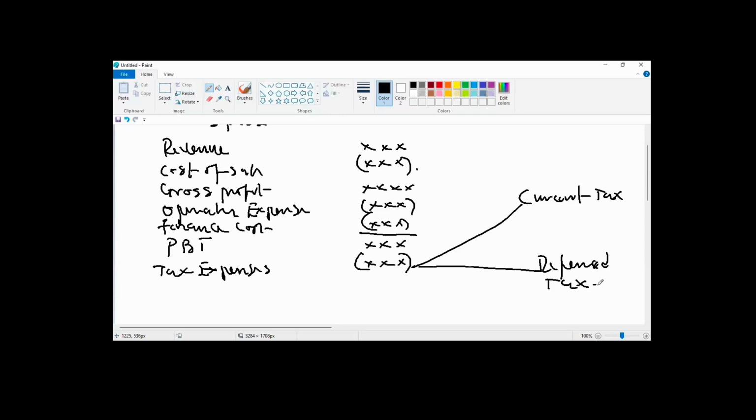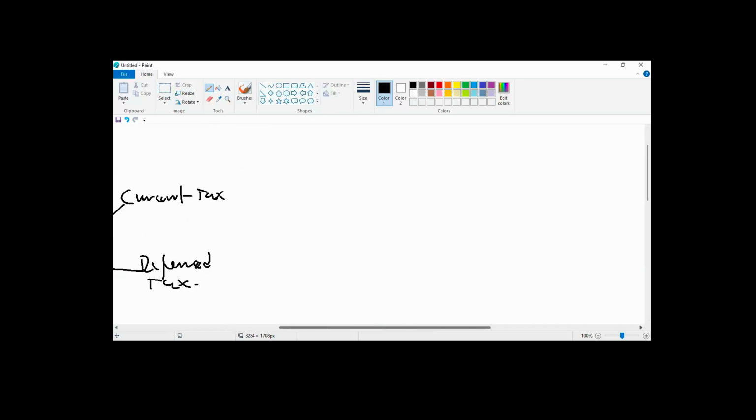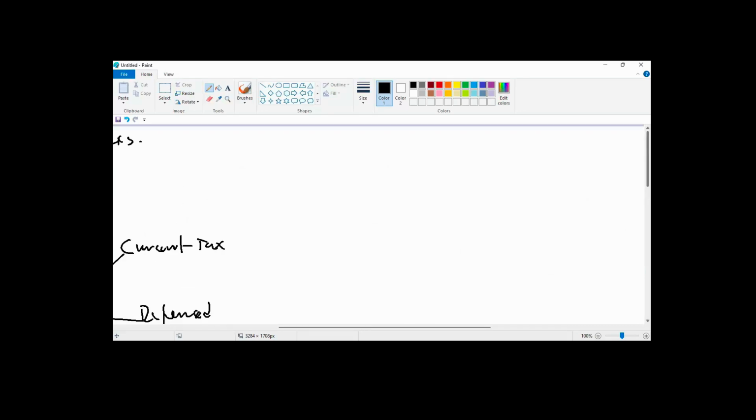Now, the scope of IAS 12. Don't forget there are so many taxes we pay to government, such as withholding tax, personal income tax, VAT, petroleum profit tax, capital gains tax. But the tax IAS 12 is talking about, the scope of IAS 12, is two things.